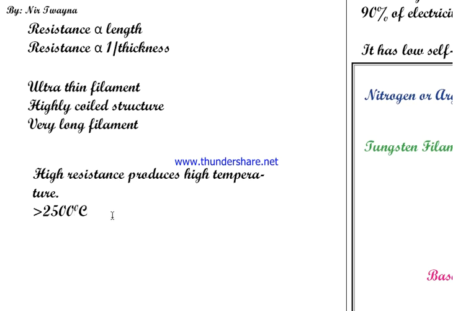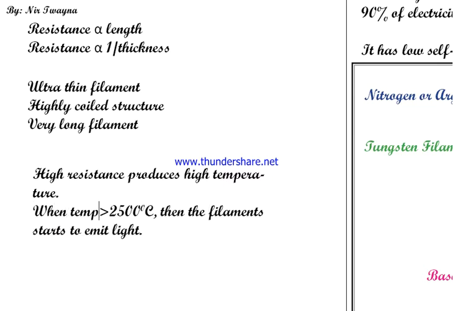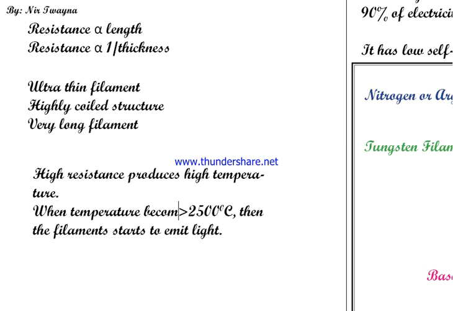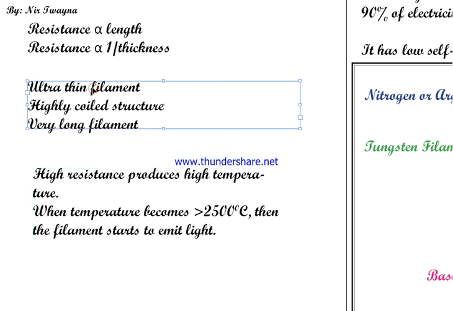the filament starts to emit light. Understood? When the temperature becomes greater than 2500 degrees Celsius, then the filament starts to emit light. This is the basic principle of how a filament lamp produces light energy.